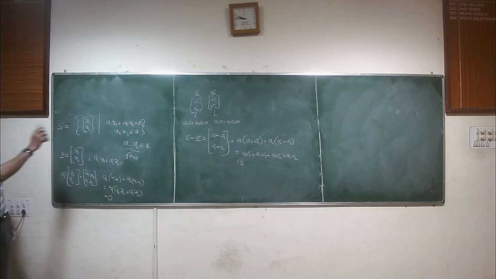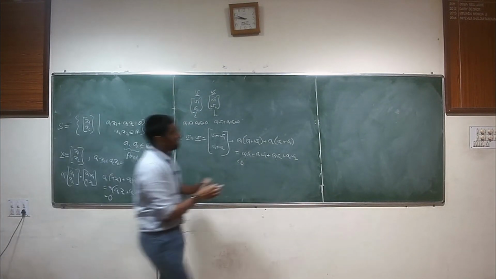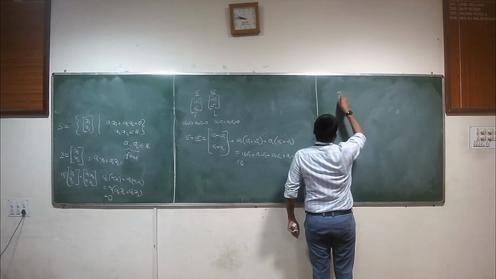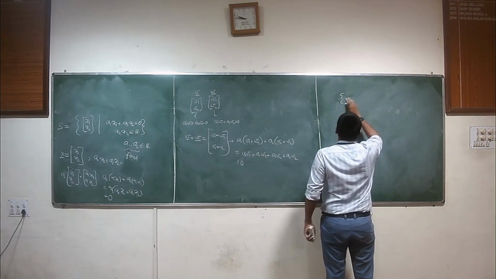Shall I write this off? The second problem is, again, a set of vectors. I'll again reformulate. I don't like how I've written it there.